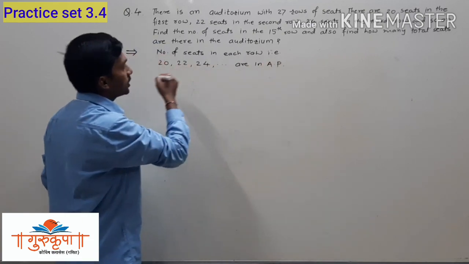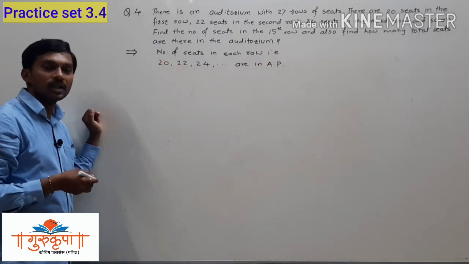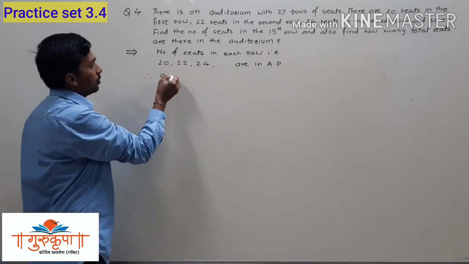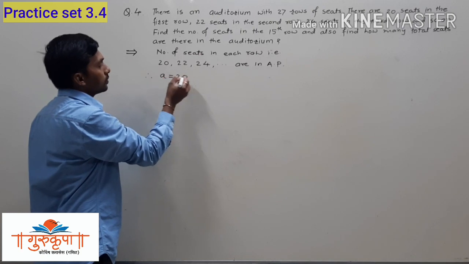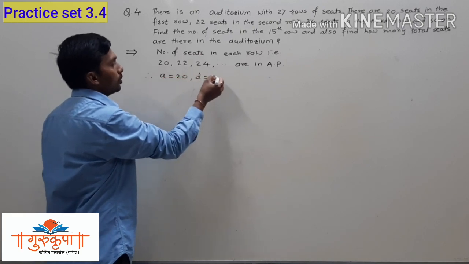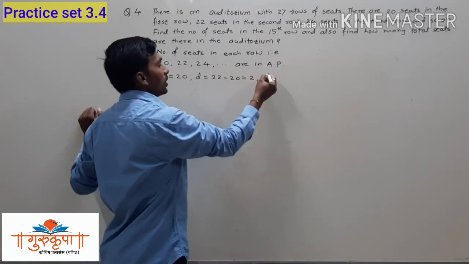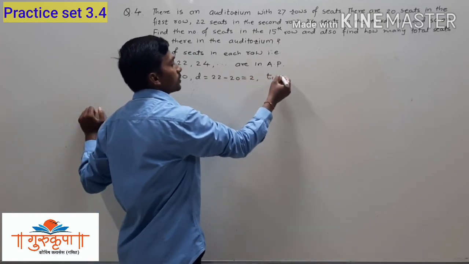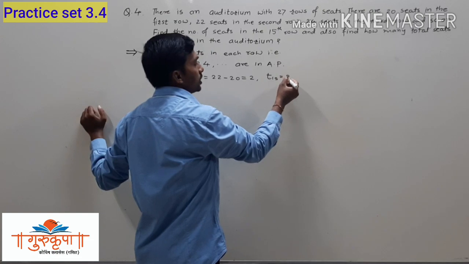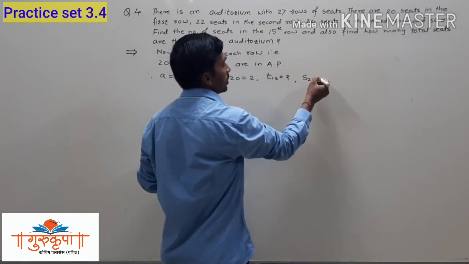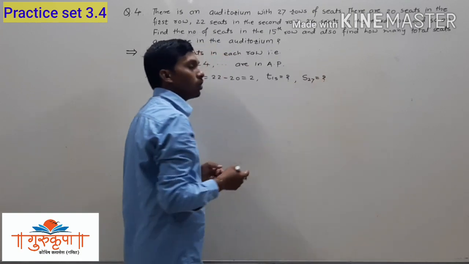So here we have a is equal to 20, d is equal to 22 minus 20, that is 2, and we have to find T15, that is the number of seats in the 15th row, and also S27, that is the total number of seats in the auditorium.